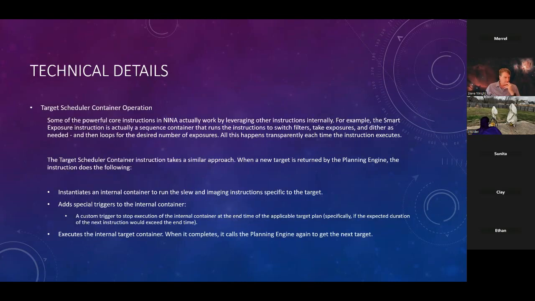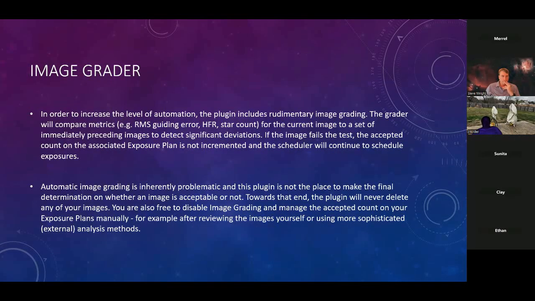Got a question, anybody? Well, my question is how well focused it is. It'll do your autofocus, if you've got that plugin in, or if you're using the NINA focuser. If your HFR gets too far out, it'll try to refocus. And sometimes when it refocuses and it's too far out, it will go back to what it was before, because it recorded where it was at the current starting position.